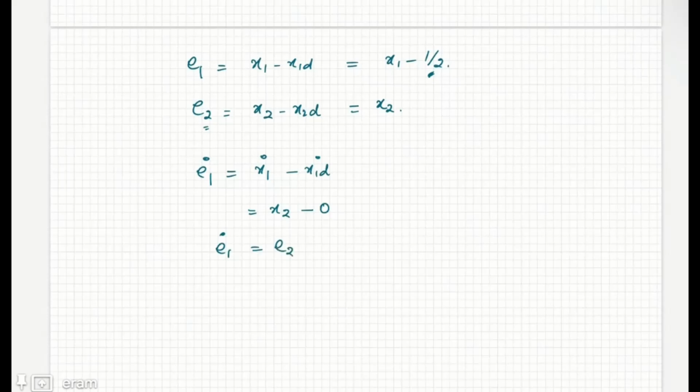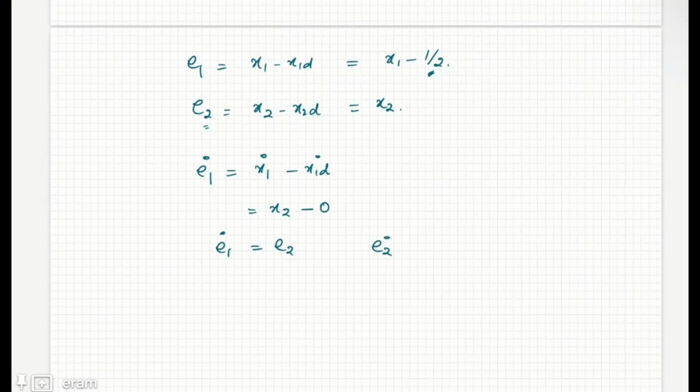This is our first dynamics, and similarly we have to write e2 dot. e2 dot is nothing but x2 dot, and from our system dynamics x2 dot is minus x1 minus x2 plus u.